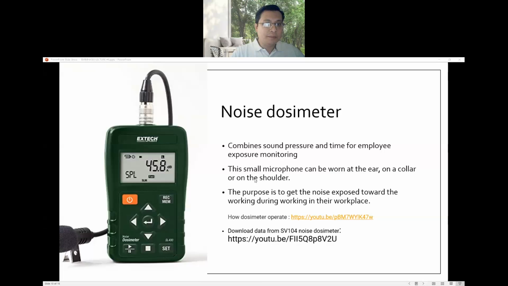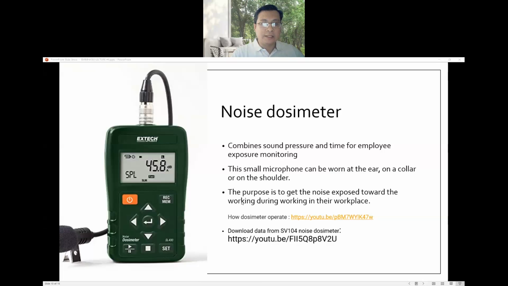A noise dosimeter combines sound pressure and time for employee exposure monitoring. The second bullet: this small microphone can be worn at the ear, on a collar or on the shoulder. That means the equipment is very mobile, we just put it in a pocket and it will read, and the microphone is put nearest to our ear, so it has the same effect as our ear.